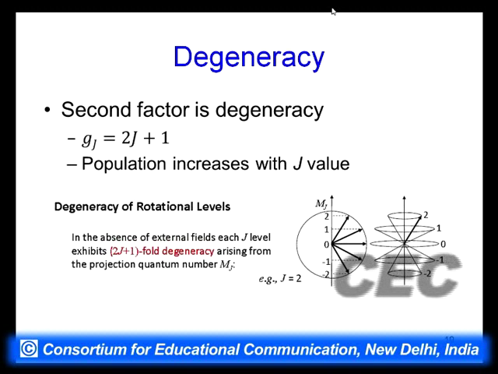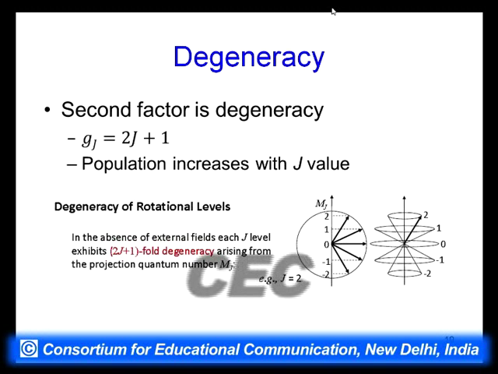So, now we have two factors. The first factor is that as we increase the rotational quantum number, the population decreases because of the Boltzmann distribution, and the second factor is that the degeneracy of the rotational levels keeps on increasing, and this is a linear relation, 2J plus 1.